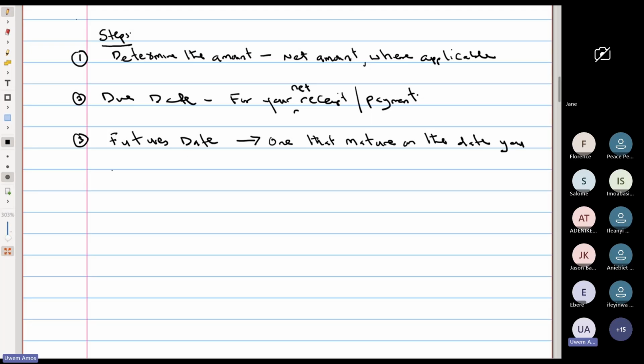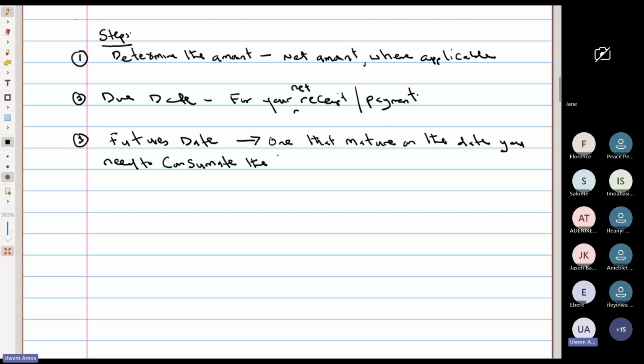So what I basically mean is, if I need to consummate my transaction on June 30th, for example, and I have a future that's maturing on June 30th, that is the futures I would buy.